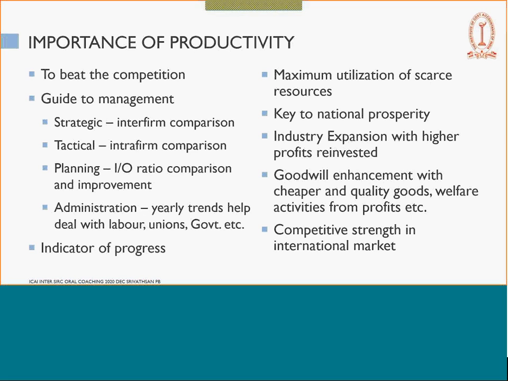Because of the output ratio, you can see how many units of raw material or labor I need to produce this quantity, because I need to supply so many units to my customers this year. I need to get this market share. All these can be calculated using your input-output ratio. And administration.